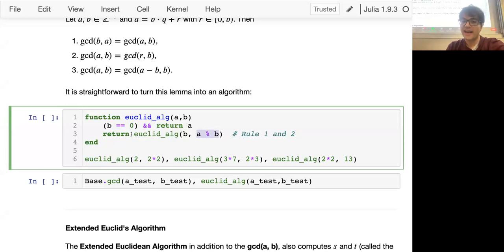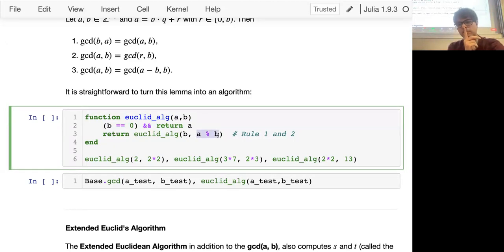Now, can we see that this is going to be less than A? You can't be bigger, right, than the thing that you're dividing out by, right? So even if you divide out by something larger than you, if you're like 4 and you divide it out by like 1,000, you're still 4. So is that going to be smaller?